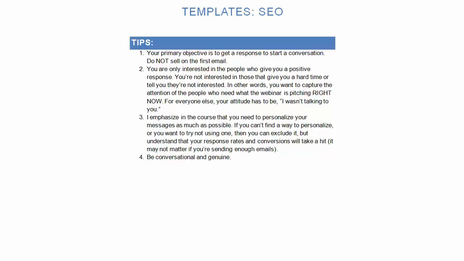Okay. So you want to be conversational and, just like in the first tip, you just want to start that dialogue and build rapport with your prospect. You also want to be genuine. You don't want to deceive them in anything. Now, with deception, there are different levels of deception.